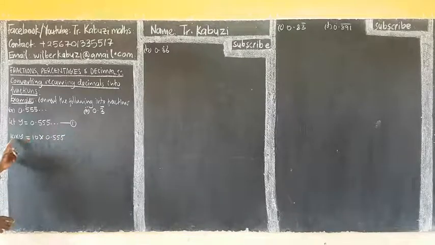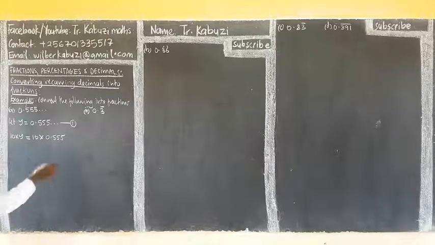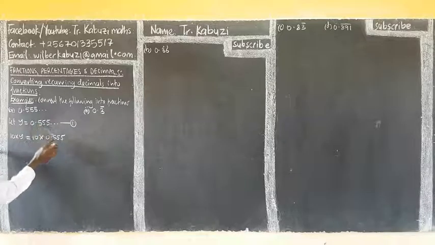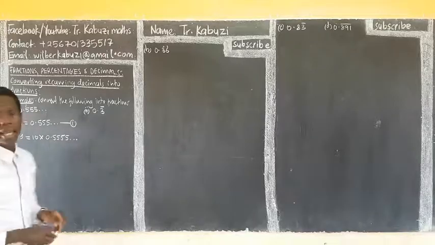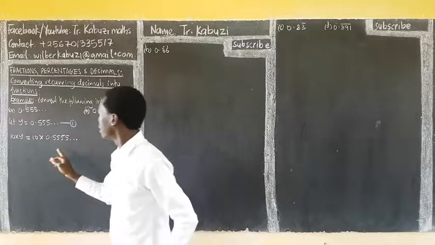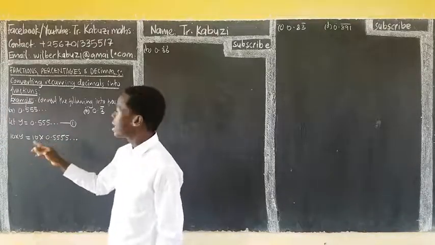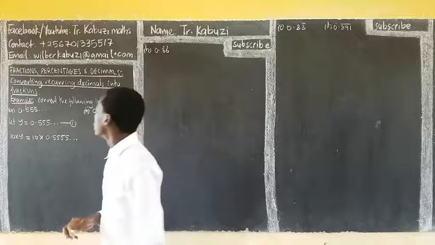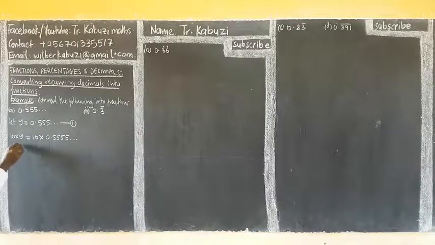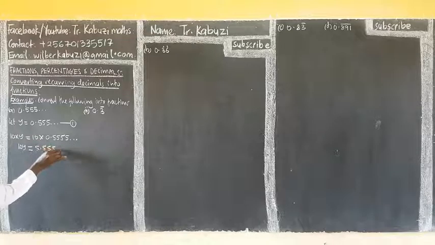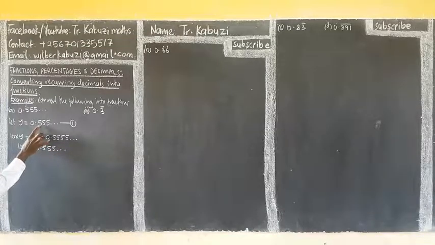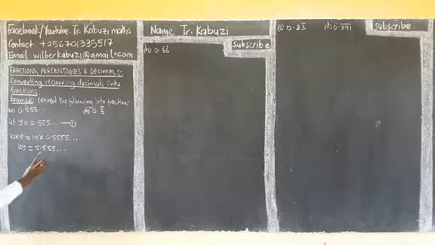If you multiply by 10, then you add a 5 so that the decimal places are the same. So here we are having 10y equal to 5.555 recurring. Now I have the same number of decimal places as this one.